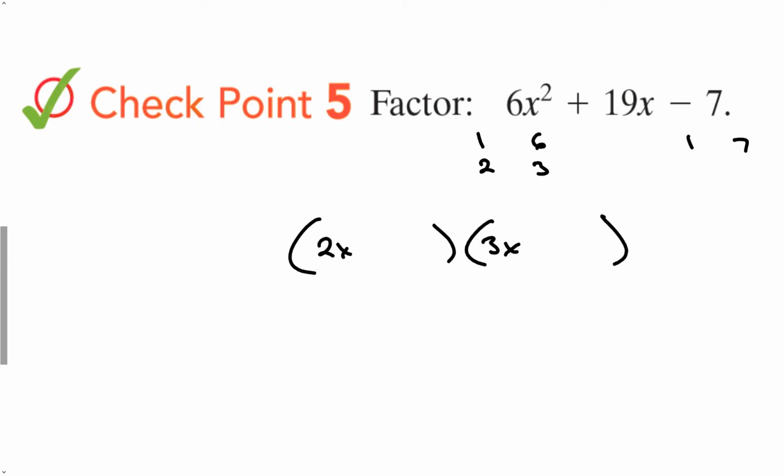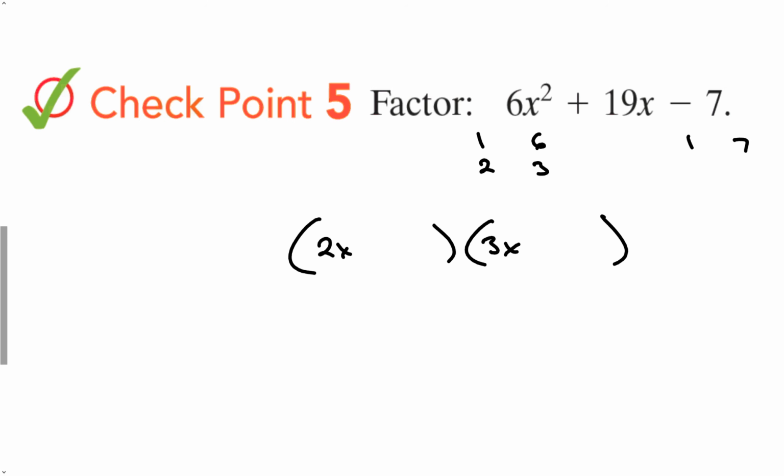2 times 7 is 14. No, that doesn't work. Now let's just go through that. 7 and 1, so that's 14. Inside pair is 3. There's no way I could put a positive and a negative there and have them combine to give me a positive 19.